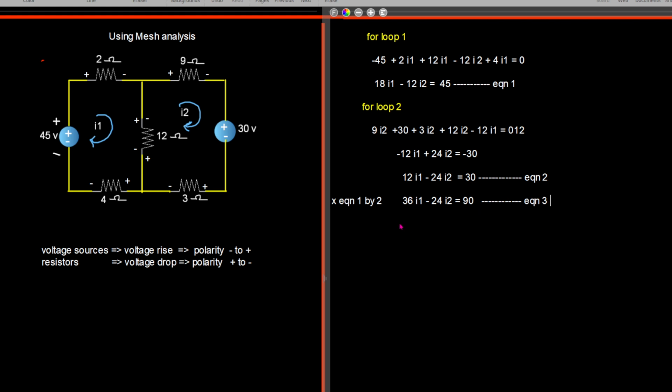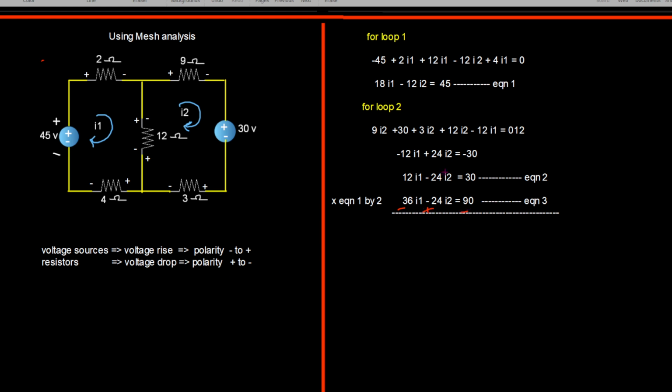Now we are going to apply the elimination method for the second and third equation. By changing the sign for the third equation, this becomes minus, this becomes plus and this becomes minus.